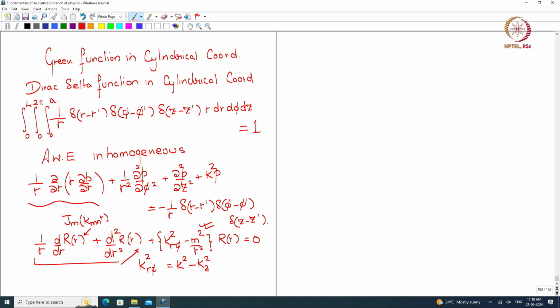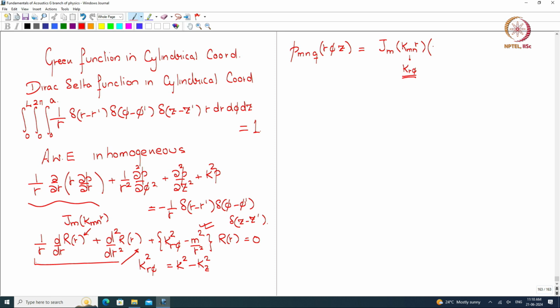Okay. So now the mode shape, the MNQth mode shape in r, phi, z coordinates, let us say is given by Jm of k mn r. This k r phi has acquired this index because it is finite, so finite cylinder.